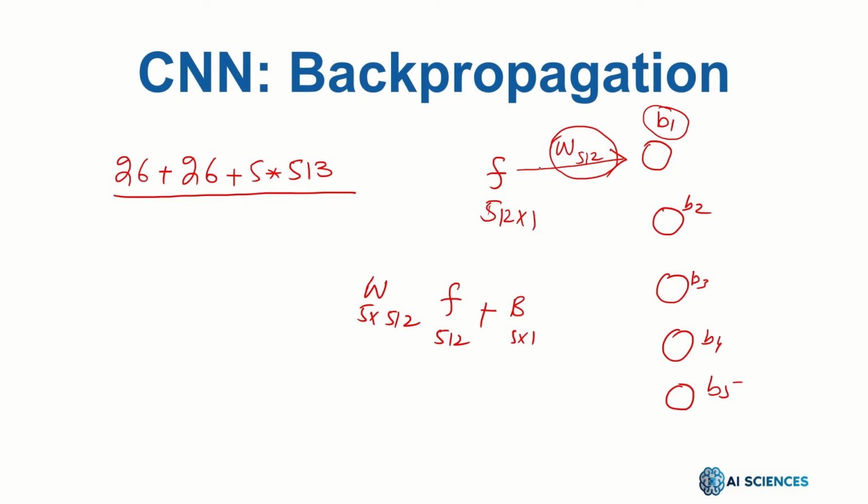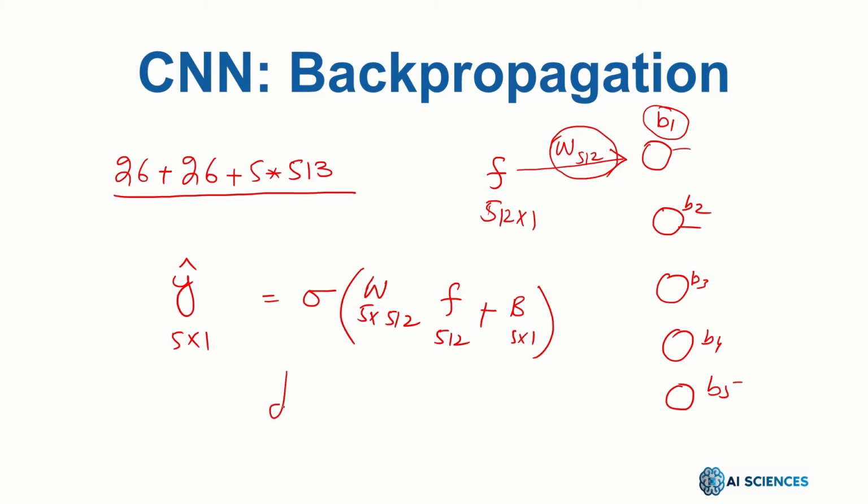So this is the transformation that we do, and let's say this is a softmax unit. We apply a logistic sigmoid on that, and that gives us a result, which is y hat, again a 5 by 1 vector.